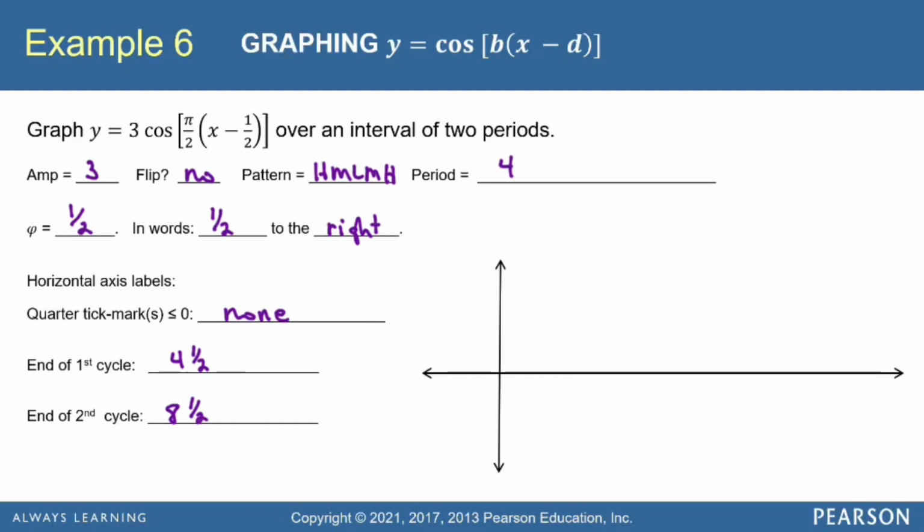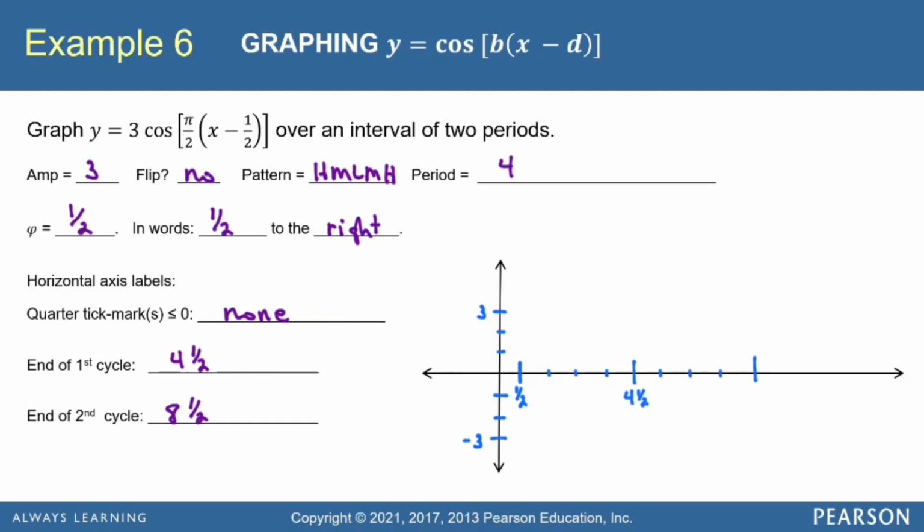So let's start by labeling our vertical axis with a +3 and a -3. And then the next thing is our horizontal axis. So we'll move over to the right just a little bit and label our phase shift as 1/2. And then we want to go 1, 2, 3, 4. That mark is the end of the first period, so that one's going to be 4.5.